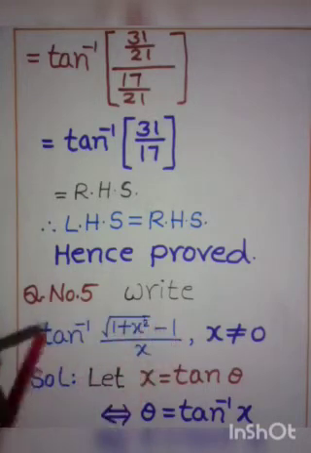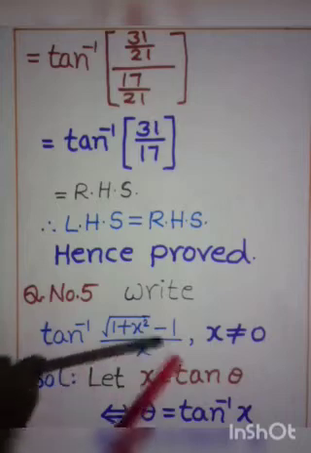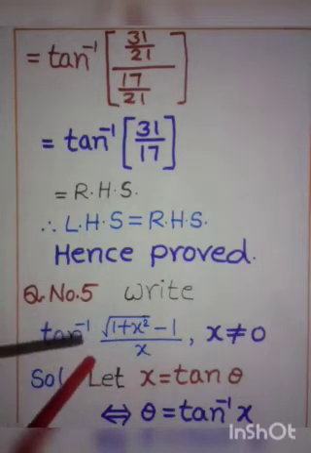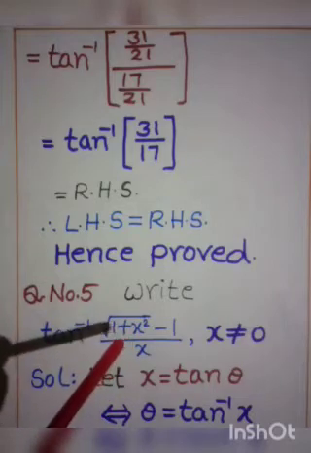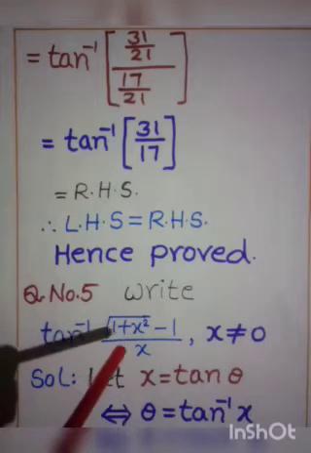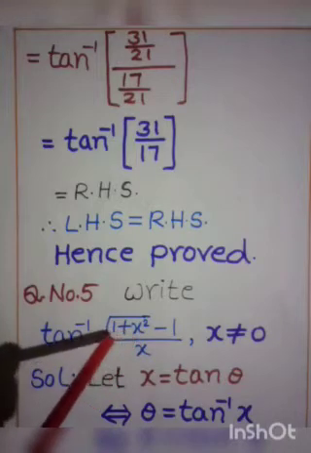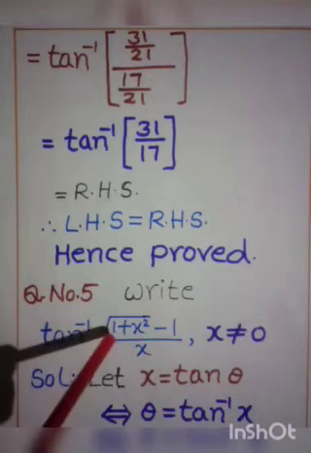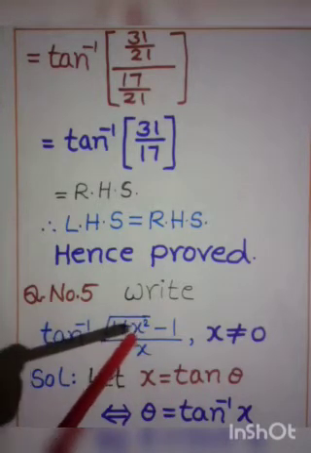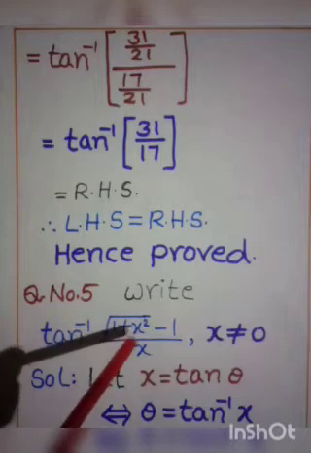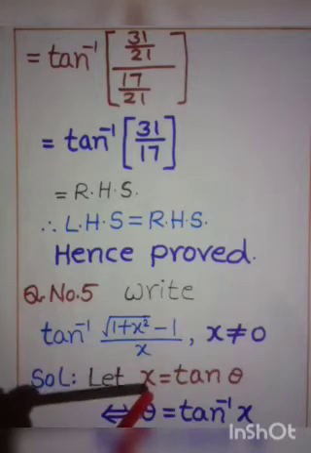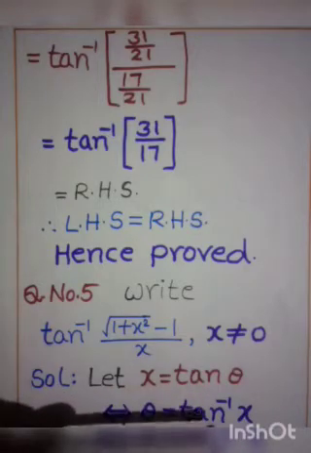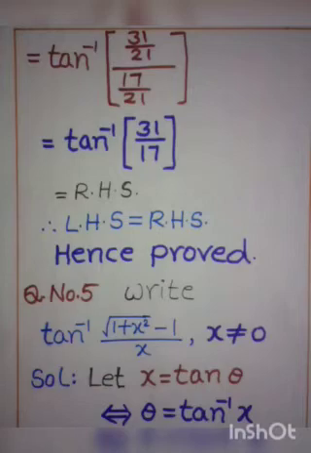To write this term in the simplest form, we have to use the substitution technique so that the given function becomes a trigonometric formula. If you observe here, 1 plus x square is there. If you substitute x is equal to tan theta, you get 1 plus tan square theta. That is a trigonometric identity. That is why we are substituting x is equal to tan theta, which implies theta is equal to tan inverse x. Understood, my dear children?